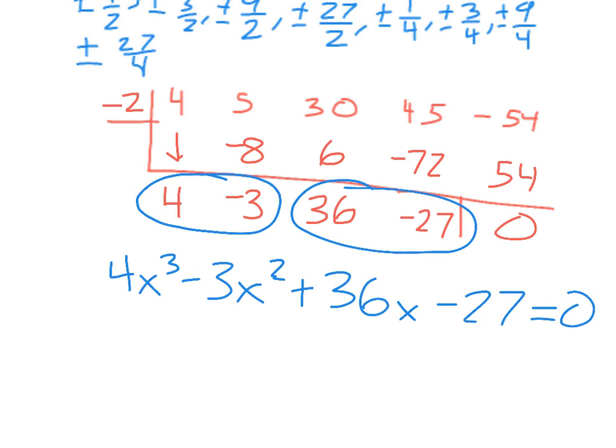From the first group, I can take out x squared, which leaves 4x minus 3. From the second group, I can take out a 9.